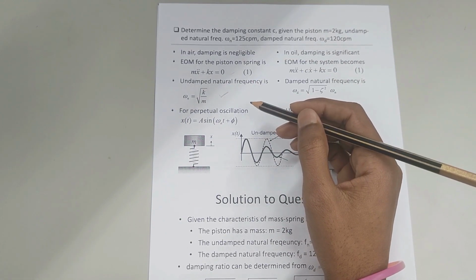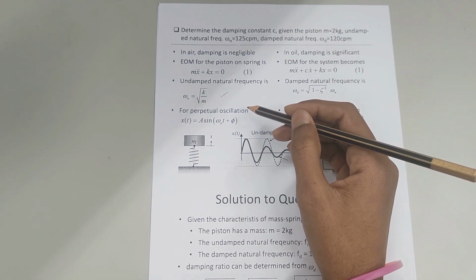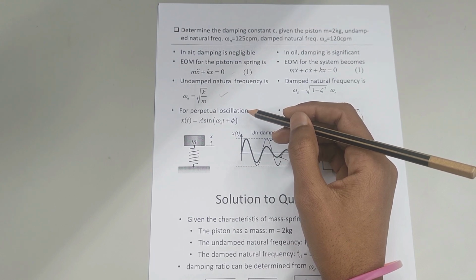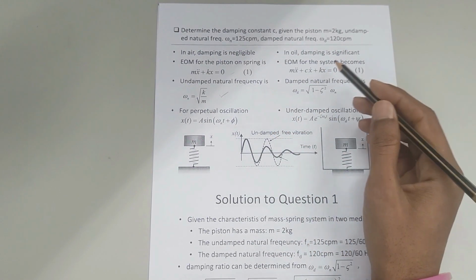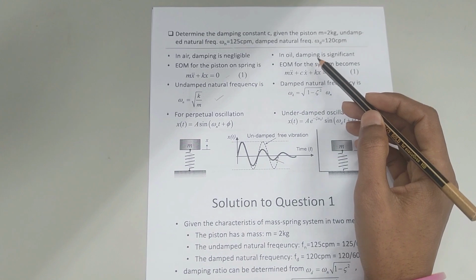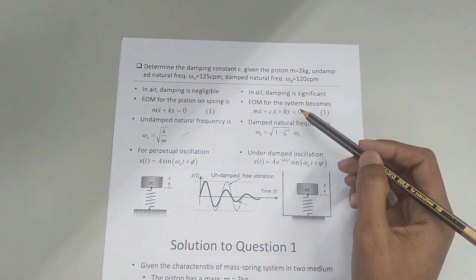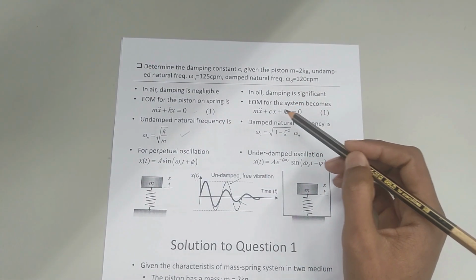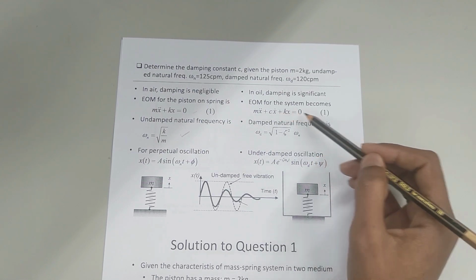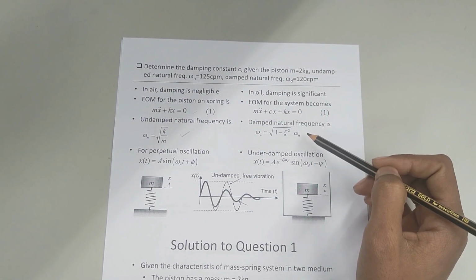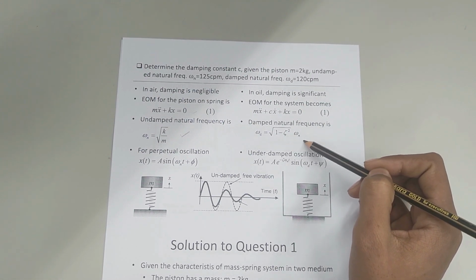So the oscillation is x of t equal to A sine of omega n t plus phi. But when the damping is present in the oil, the equation of motion becomes m x double dot plus c x dot plus k x is equal to 0. The damped natural frequency is the square root of 1 minus xi square times omega n.